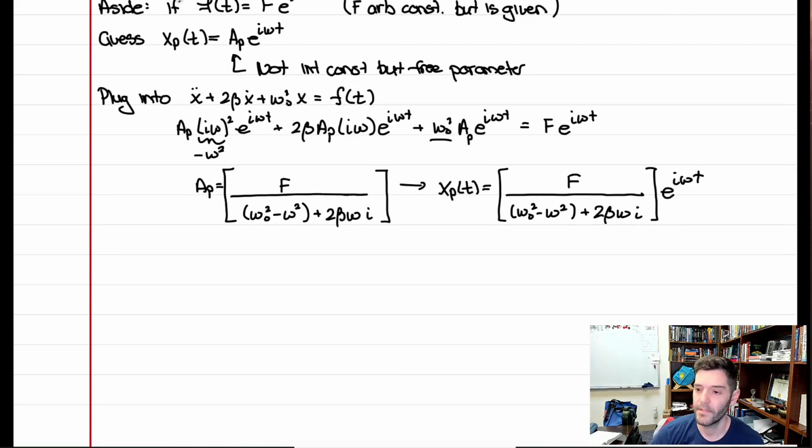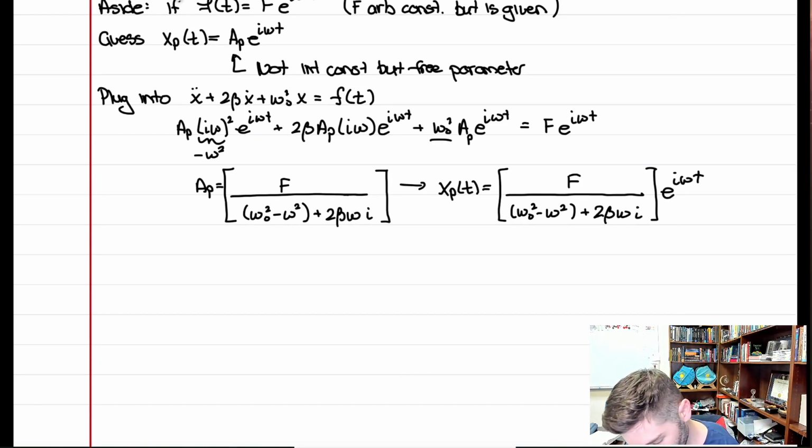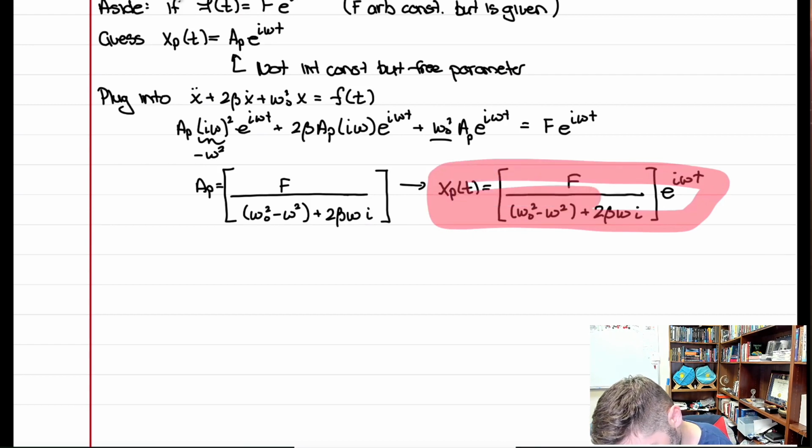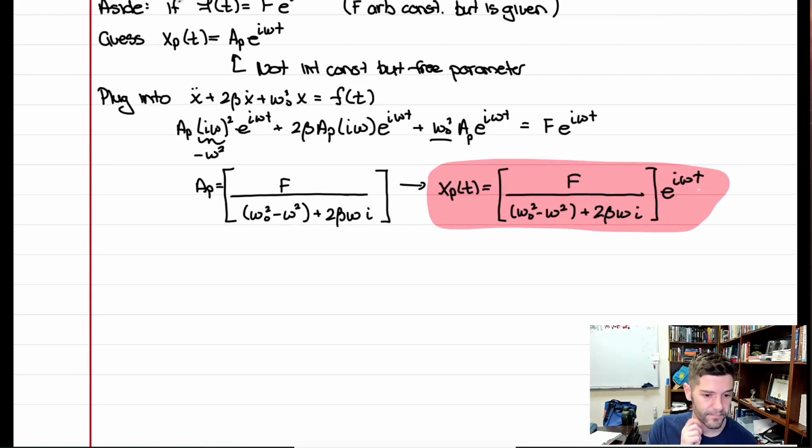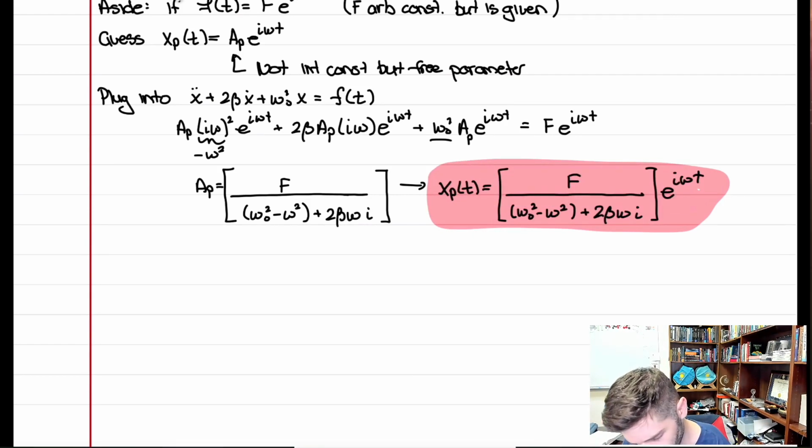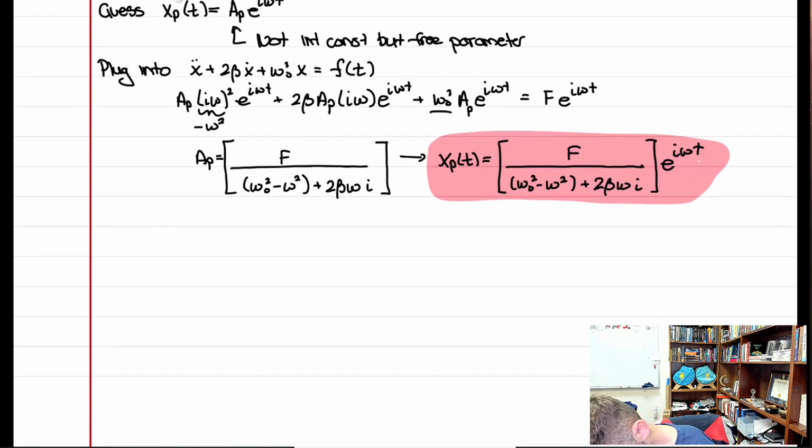That would give you a particular solution when the right-hand side is F times e to the i omega t. We will need this in a second, so maybe I'll highlight it just so that we remember it. The particular solution with the right-hand side being F e to the i omega t.